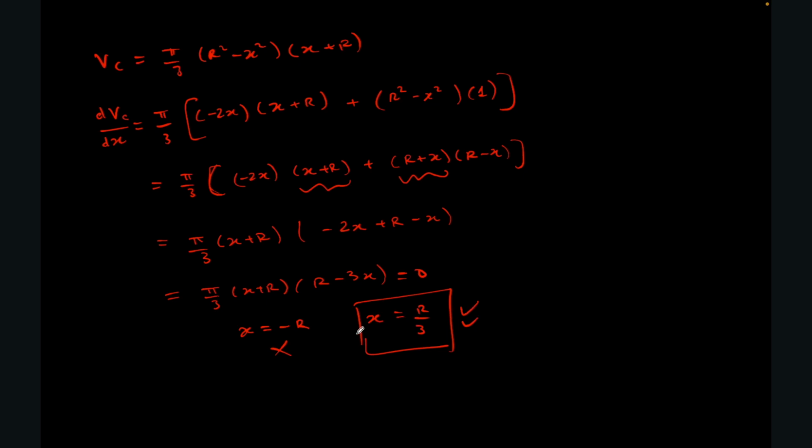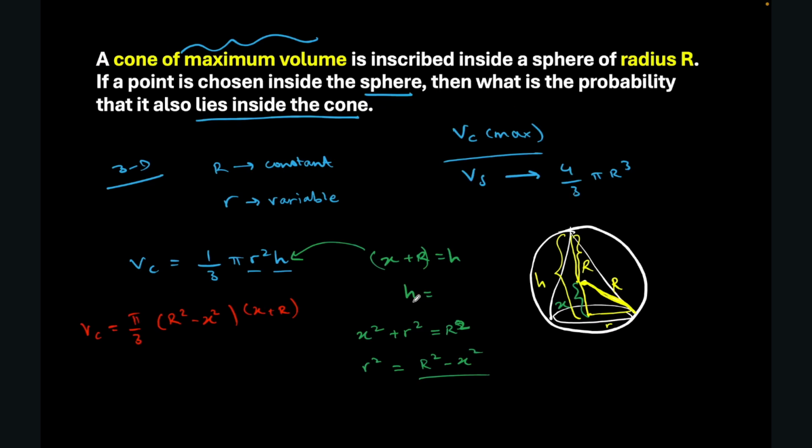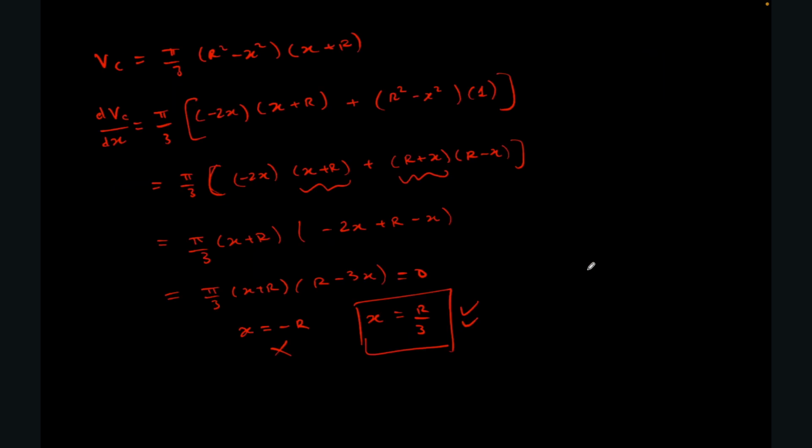So I know my cone's volume will be maximized when the radius of the cone, or you can see the x, this part, is 1/3 of the radius of the entire sphere. So now I can maximize it.